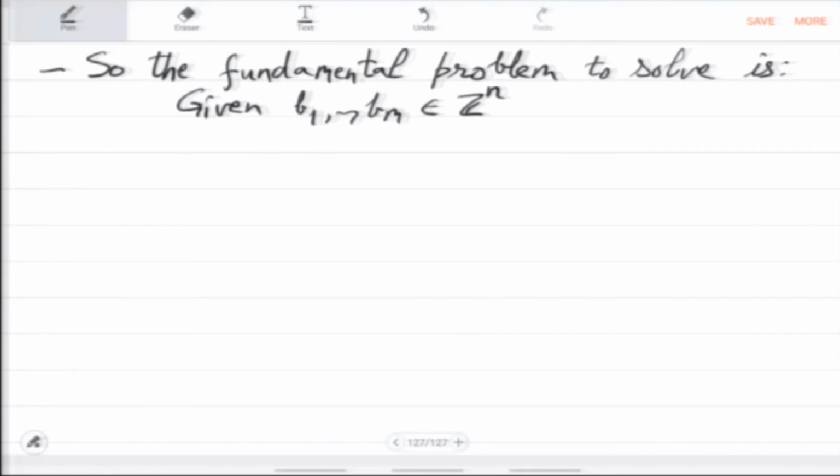So, you are given m vectors, each vector has n coordinates, the coordinates are all integral. Okay, this is what you are given. Now, okay, let me set up the correspondence.